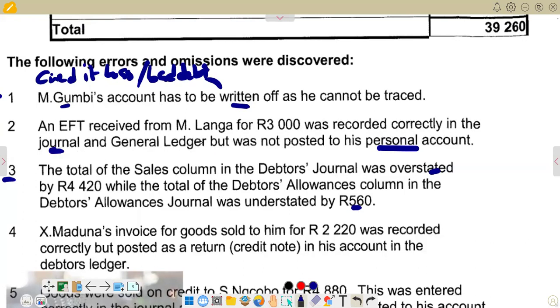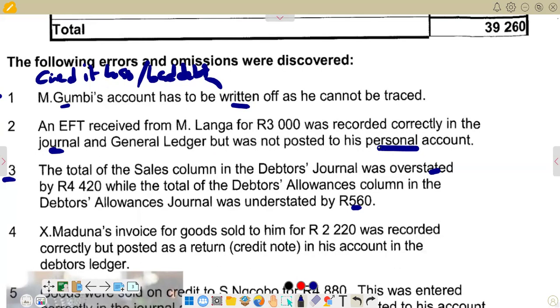So our control is correct, since the figures that are transferred to the control come from the journal. Since our journal is correct, our control is also correct. But in terms of the ledgers, we have a mistake, whereby the 3,000 was not entered to show that a payment was done.